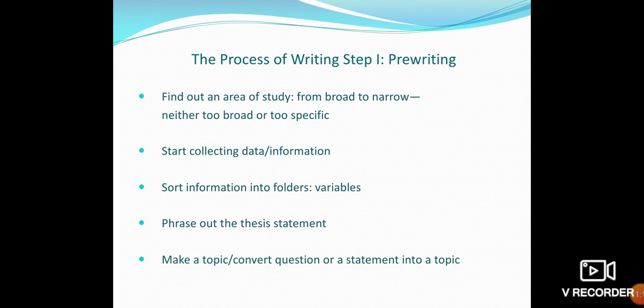For example, if an idea or information falls under religion, you put it into the folder titled religion. So it will be easy for you to start writing without taking much pain of sorting the information you collected.